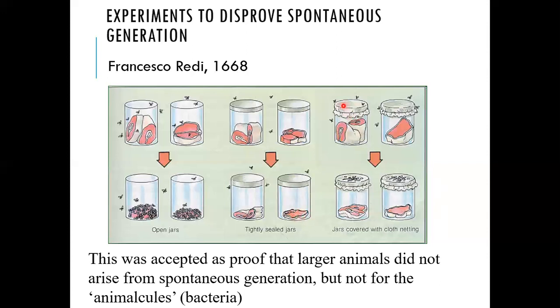So then he took a mesh covering on the jar, and the flies still could not get in. I guess they must have laid their eggs on the mesh because the maggots showed up at the top. But you can see there are no maggots on the meat. So he showed that even if you allowed air in there, the maggots would not arise spontaneously. That was the flies that were laying the eggs. So people said, okay, you're right. But they wouldn't believe that for bacteria.